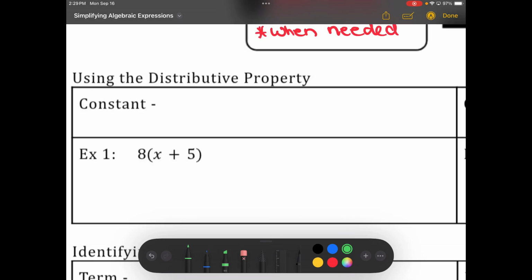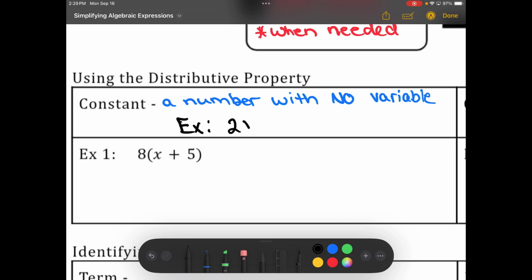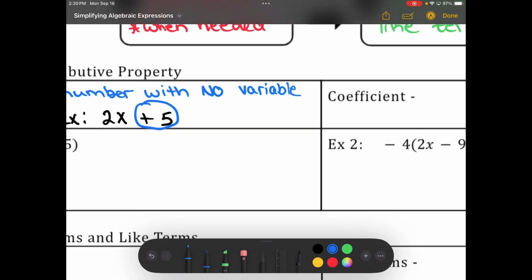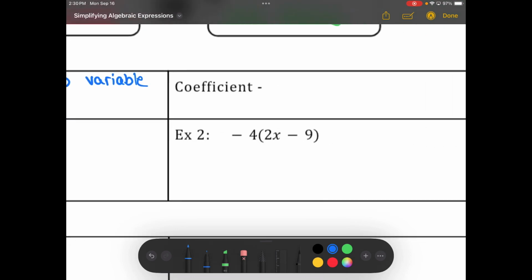First, what is a constant? It is a number with no variable. Our example, 2x plus 5. Positive 5 is our constant. The other definition is coefficient.